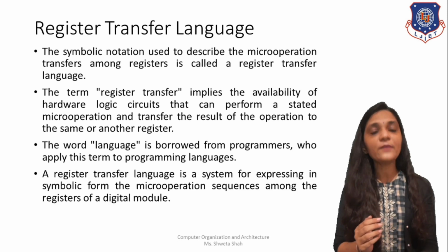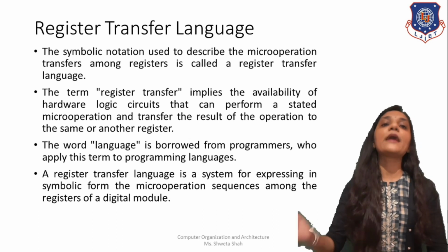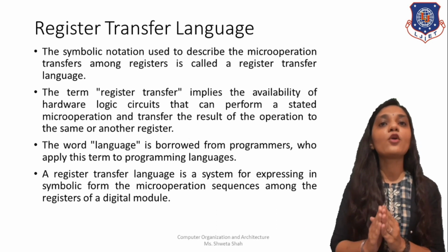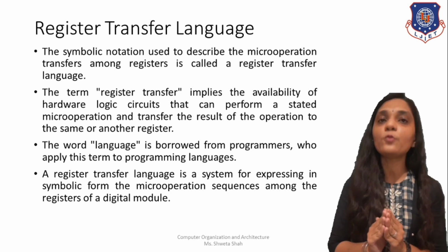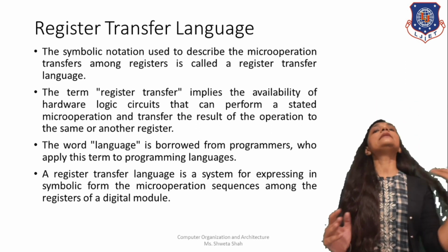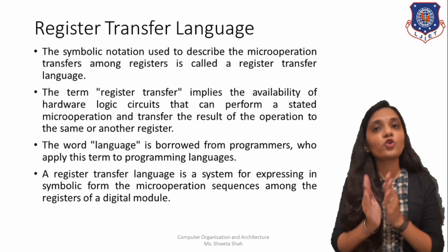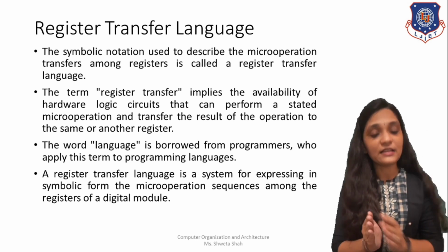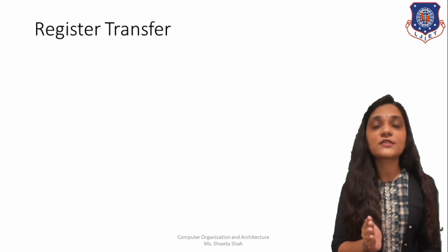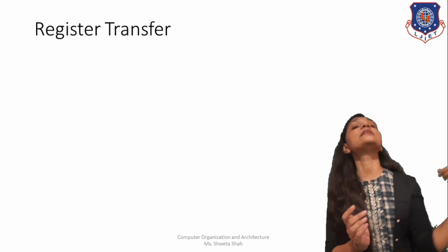Okay, and the register transfer language is a system for expressing in symbolic form the microoperation sequences among the registers of a digital module. Okay, so in register transfer language we are going to represent these microoperations. Okay, so it is the language of microoperations. Let us see how you can represent this by a simple example, that is register transfer.